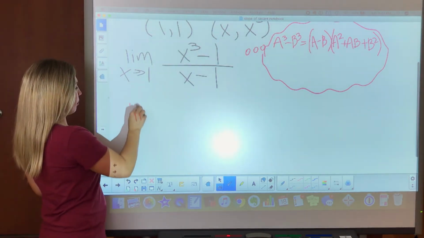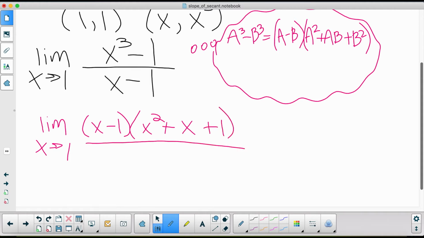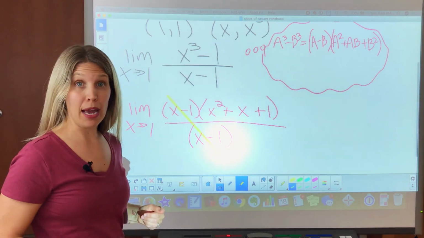So we have the limit as x goes to 1, and in the numerator, we're going to have (x minus 1)(x squared plus x plus 1). And all I did was follow our a cubed minus b cubed equation. In the denominator, we have x minus 1, which hopefully you are getting excited, and you can see that these two will go ahead and drop on out.